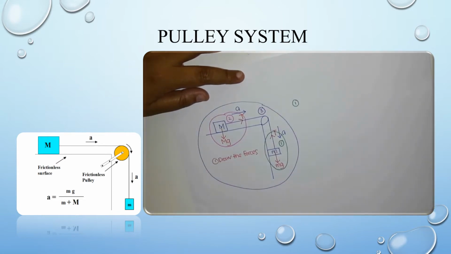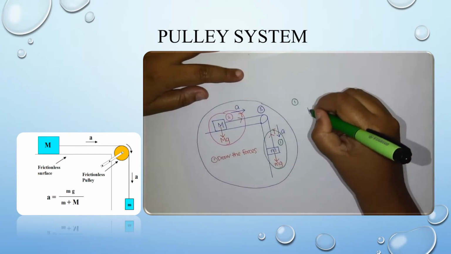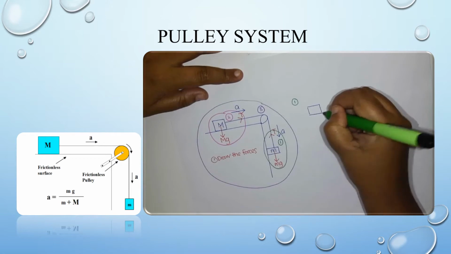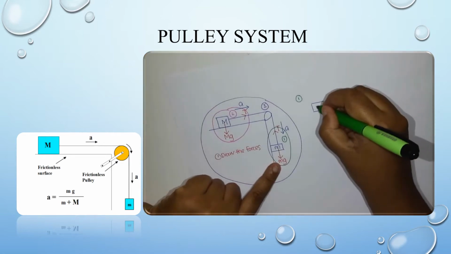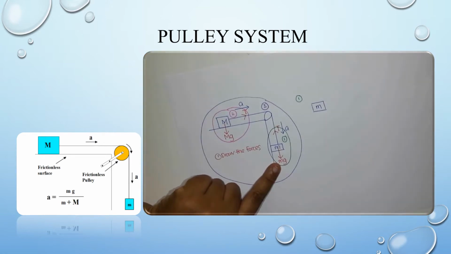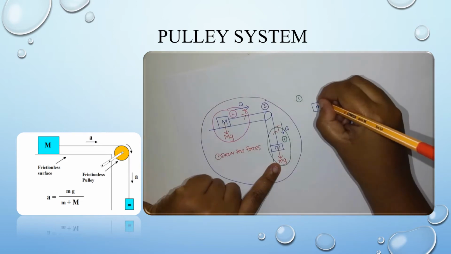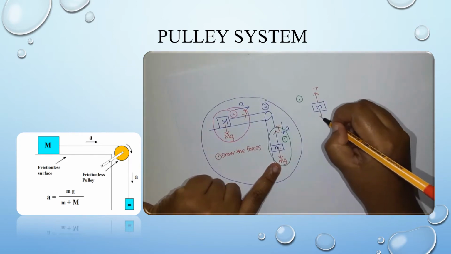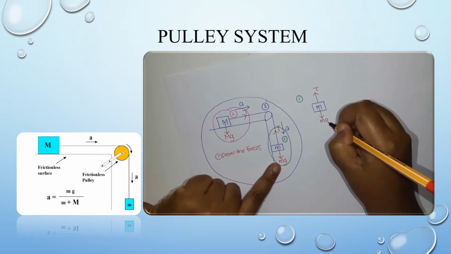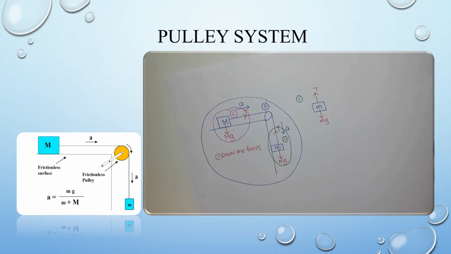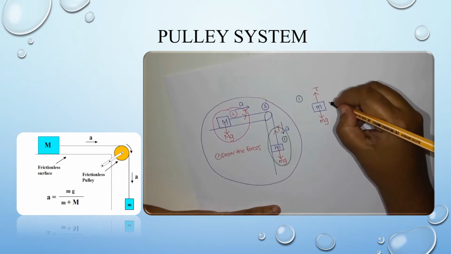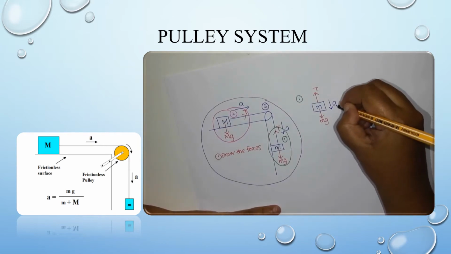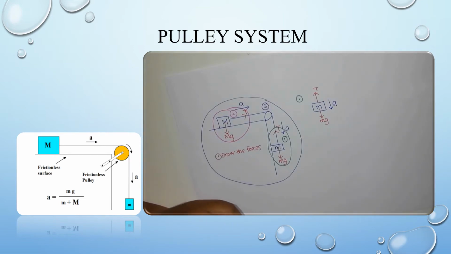I have a mass m. I draw the forces for this particular object, which are T, and the force here, which is mg. In order to apply Newton's second law, where the acceleration of this mass is in this direction, we have to find the resultant force.